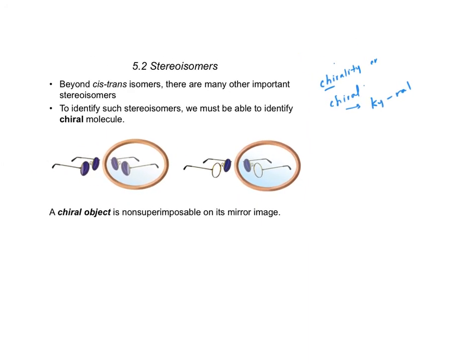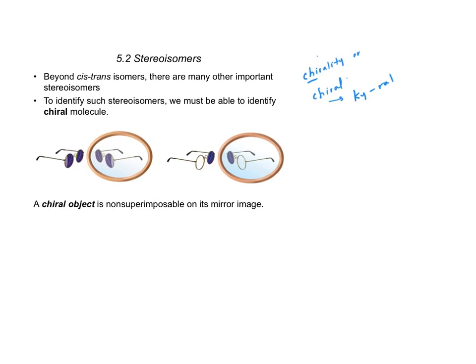Okay, so to introduce this idea of chirality, the first thing we have to introduce is this idea that everything has a mirror image. So number one, first thing to note is that everything has a mirror image. Okay? So, for example, let's say that we had a pair of sunglasses, right?